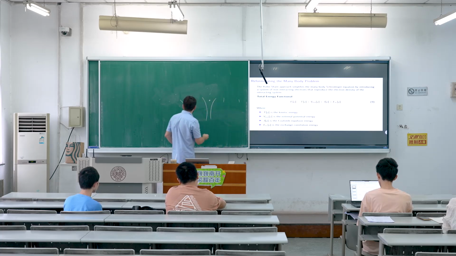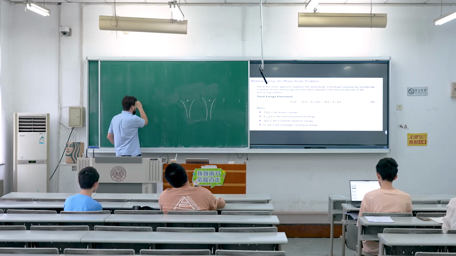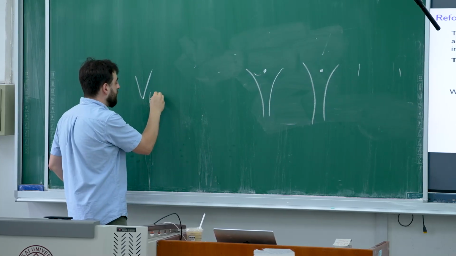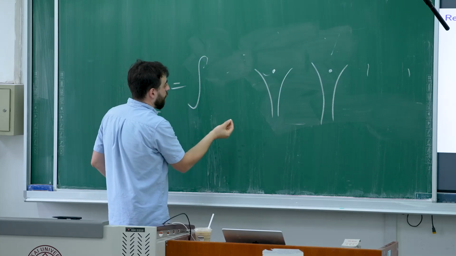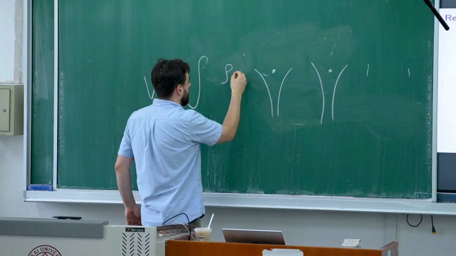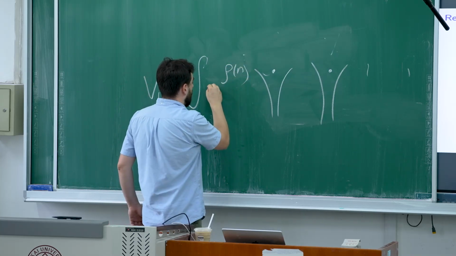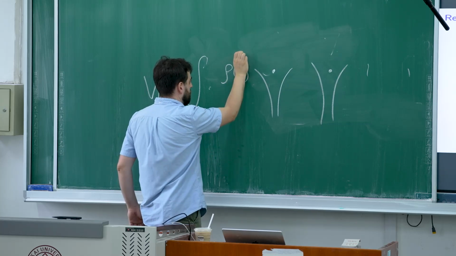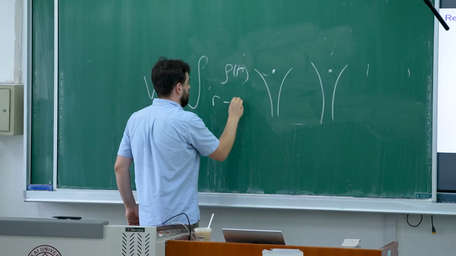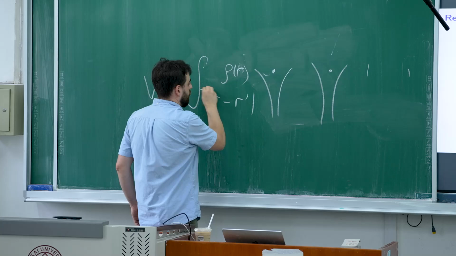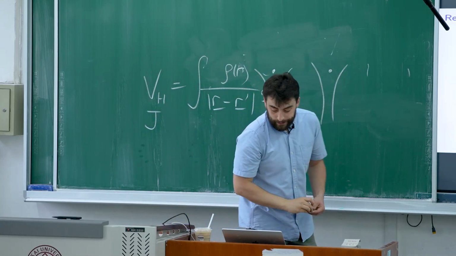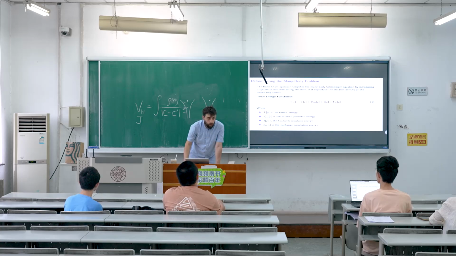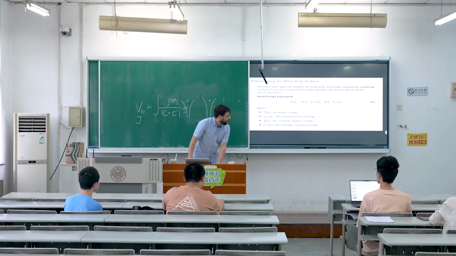J, we're assuming, is the mean field electrostatic potential. I'm going to call it VH, but it could also be called J, right? And so what we're going to write for that is just that we've got a density, something like that, right? So those two parts we can write in terms of the density, okay?